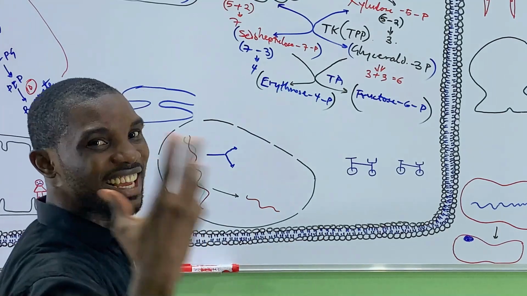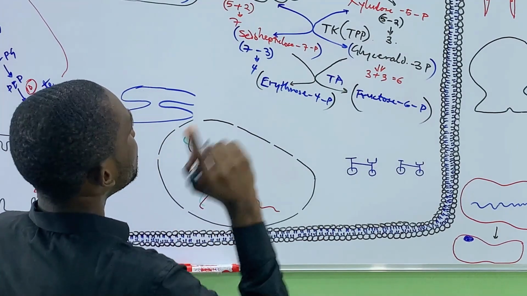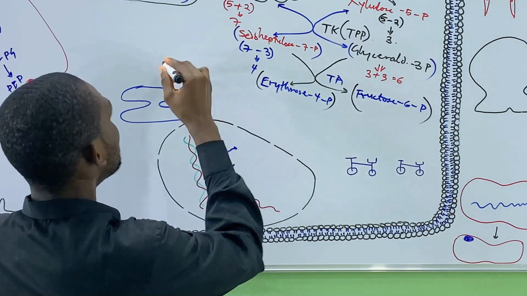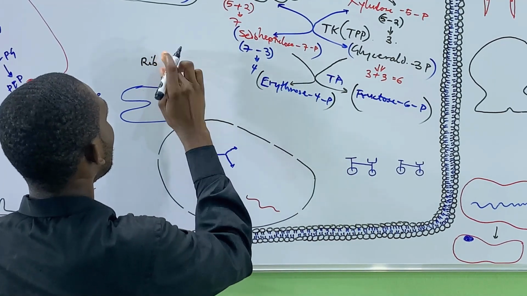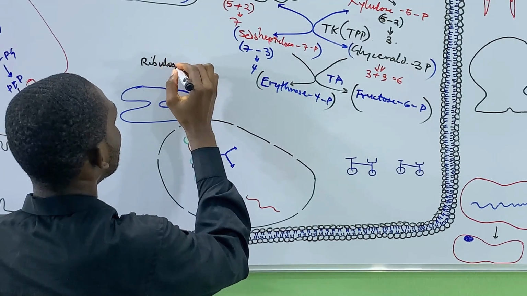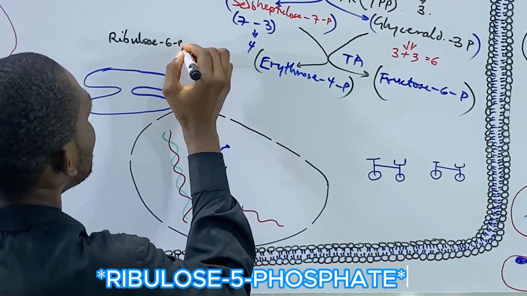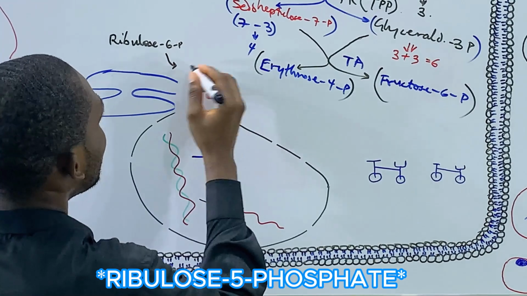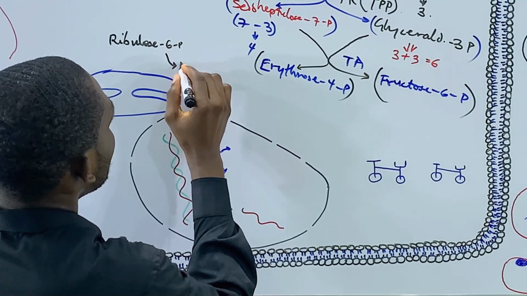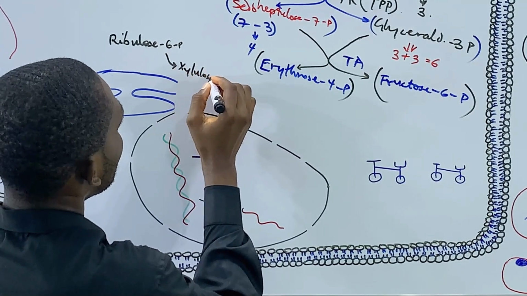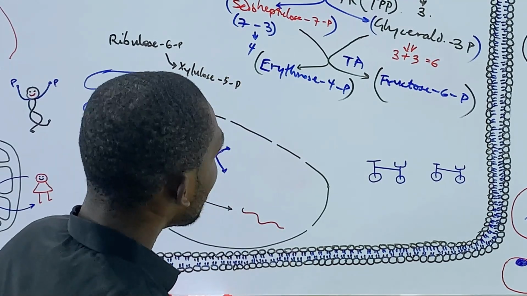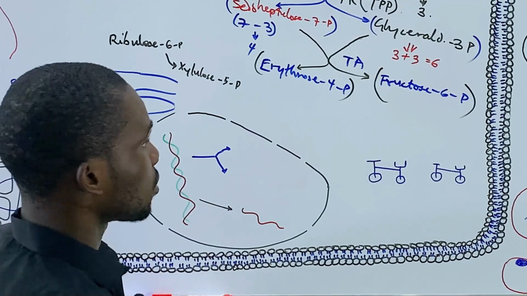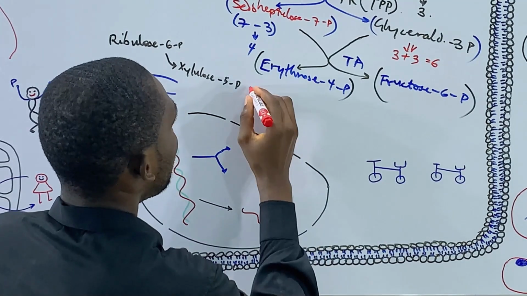So the last reaction is a little different because for the last reaction, we have some amount of ribulose 6 phosphate which was in the cytoplasm, which was then isomerized to xylulose 5 phosphate. And then this xylulose 5 phosphate undergoes the next reaction with erythrose 4 phosphate.